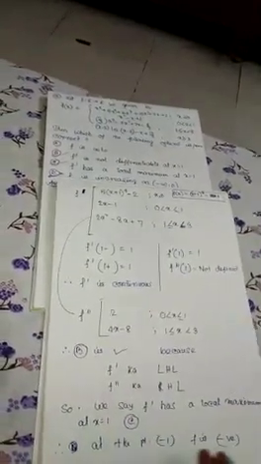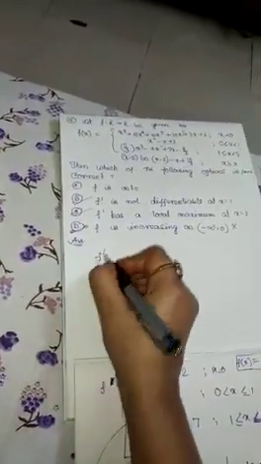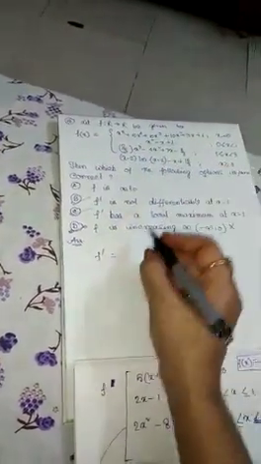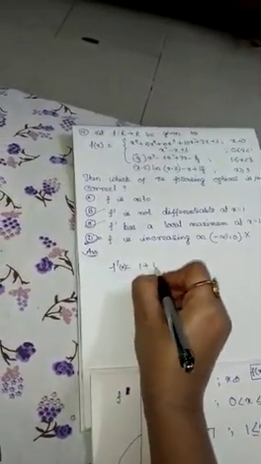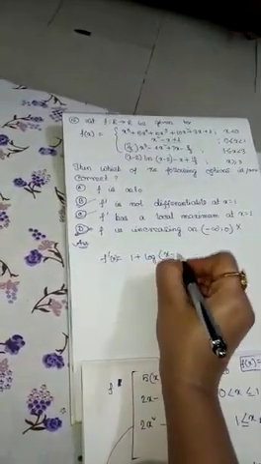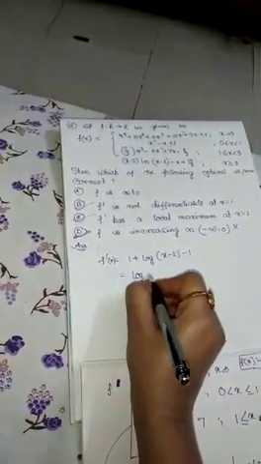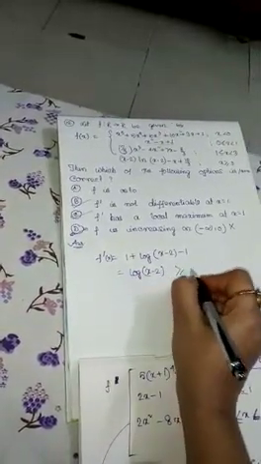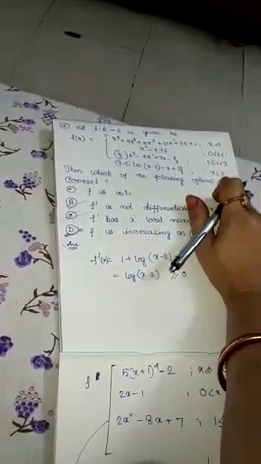Now the remaining option is f is onto. Now check this. f'(x) is equal to 1 + log(x - 2) - 1, which is log(x - 2) ≥ 0.